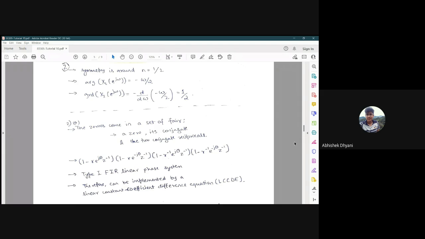From this, we can tell that this is the general form of a type 1 FIR linear phase system, and therefore this is a linear phase system from this arrangement. And obviously it is a finite impulse response because there are no poles. And so we can implement this using a linear constant coefficient difference equation, or LCCDE as the abbreviation. So that is how we solve this first one.